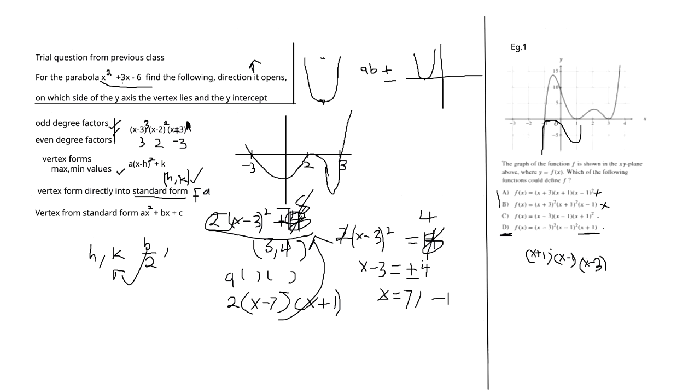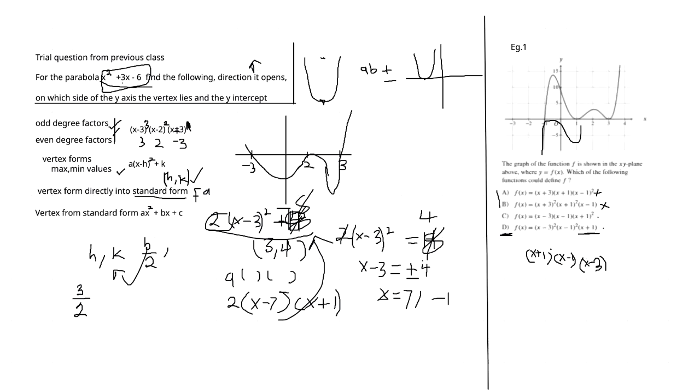So let's take an example. Let's use this parabola here. We want to find the vertex of this parabola. Okay. Now, looking at the parabola, you know that the x-coordinate of the vertex should be 3 over 2 because the sum of roots is 3. And so your vertex x-coordinate should be 3 over 2.